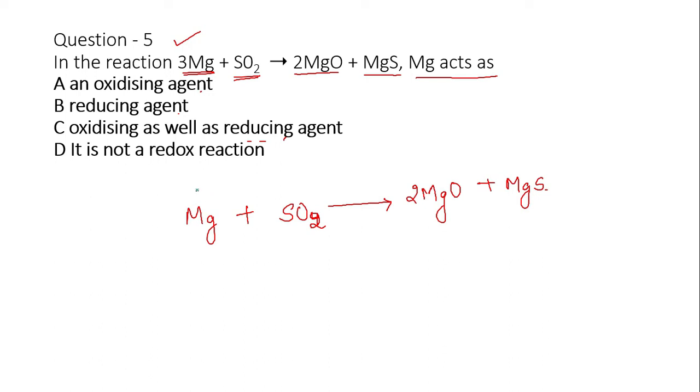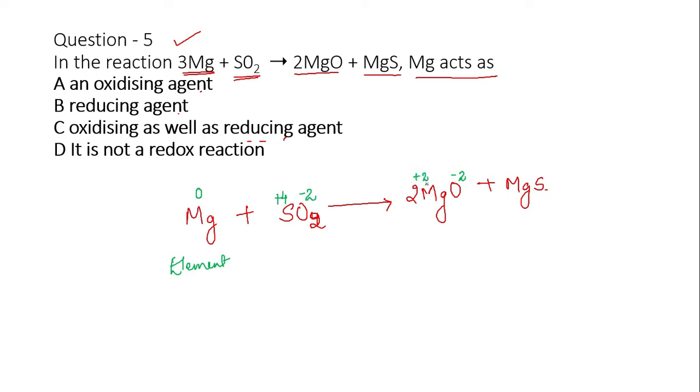So Mg here will show 0 oxidation state because it is in the form of element. Sulfur, since oxygen is -2 and there are 2 atoms of oxygen, that means total -4. So in this case there will be +4 oxidation state of sulfur. When we come here, the oxidation state of oxygen has not changed, but Mg has become +2.